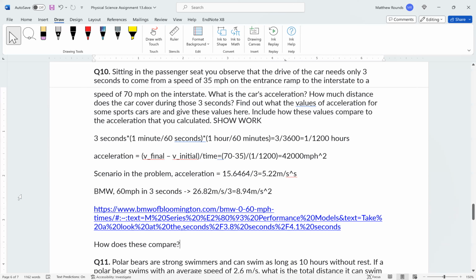For my sentence, can I say that the BMW is faster because it has a higher miles per hour rate than the scenario? We're just talking about acceleration. You just gotta say the acceleration of the BMW is greater than the scenario in this problem.